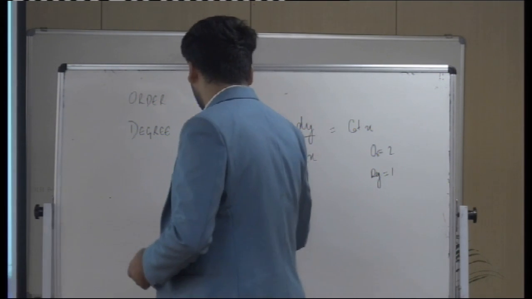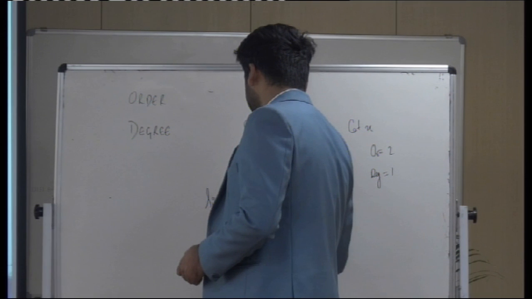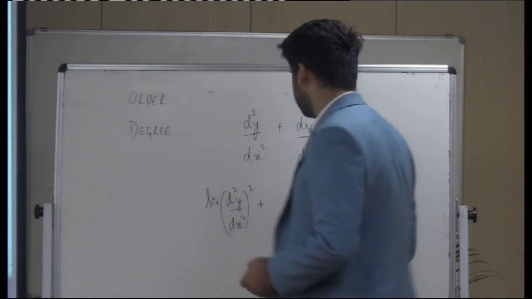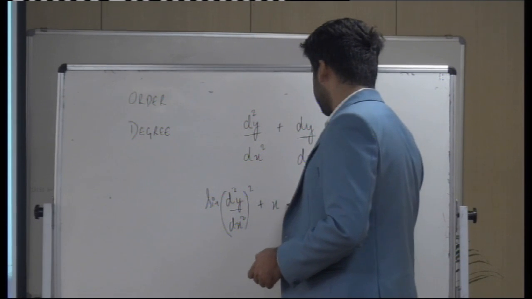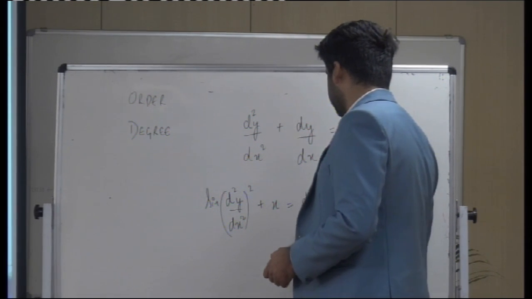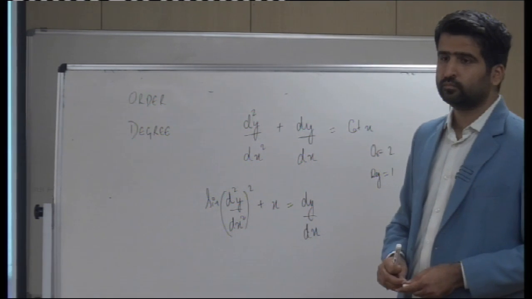What if we have sine of d2y upon dx2 whole square plus, let's suppose x is equal to dy upon dx. So what is the degree over here? Why?